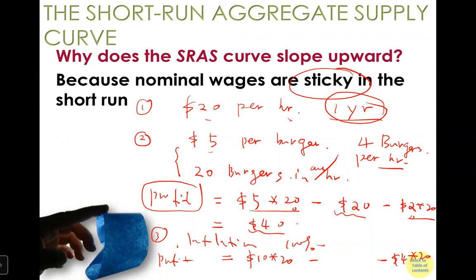You may ask why the wage is sticky. One reason is, ask yourself, do you like your employer to adjust your wage on a daily basis? You don't like that. You want some security, some stable income.